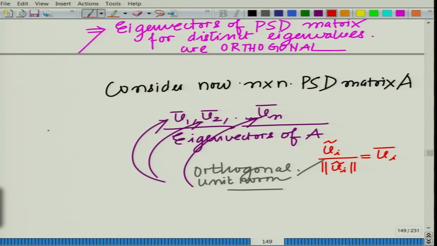Remember, if ui tilde is an eigenvector, a scaled version of ui tilde is also an eigenvector. We have already seen this. Therefore, ui tilde divided by norm of ui tilde is also an eigenvector, which we are calling ui bar.